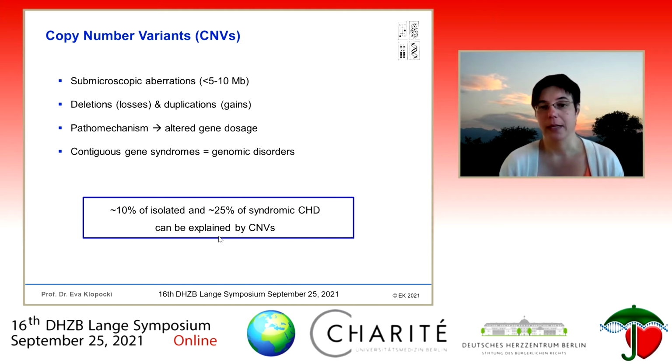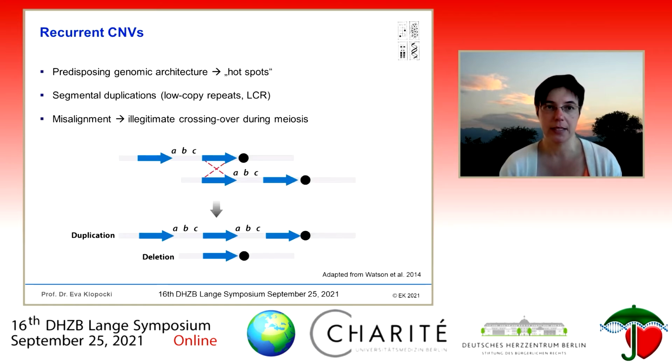CNVs can explain cardiovascular defects in approximately 10% of isolated defects, and about 25% of the syndromic CHD are explained by copy number variants.